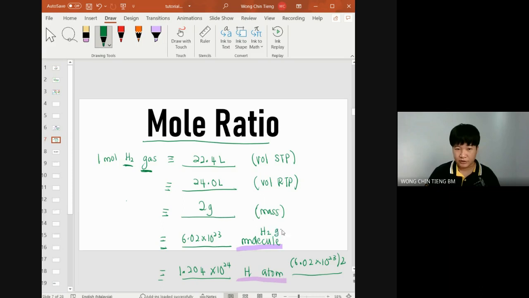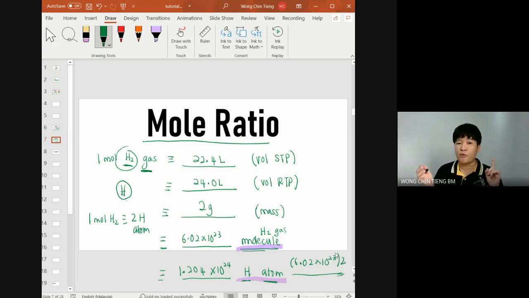Hydrogen gas molecule. When I use the word molecule, means we are talking about the whole thing of H2. When we are talking about hydrogen atom, means we are looking at how many hydrogen atom only. And we know that in 1 mole of hydrogen gas, there is actually 2 hydrogen atom. That's why kamu darab 2. Simple.